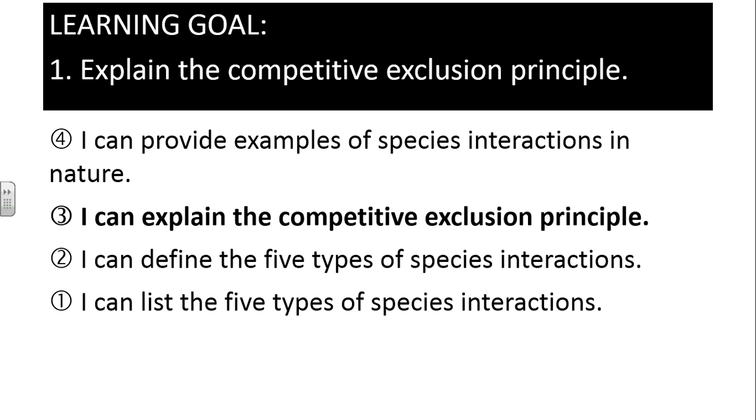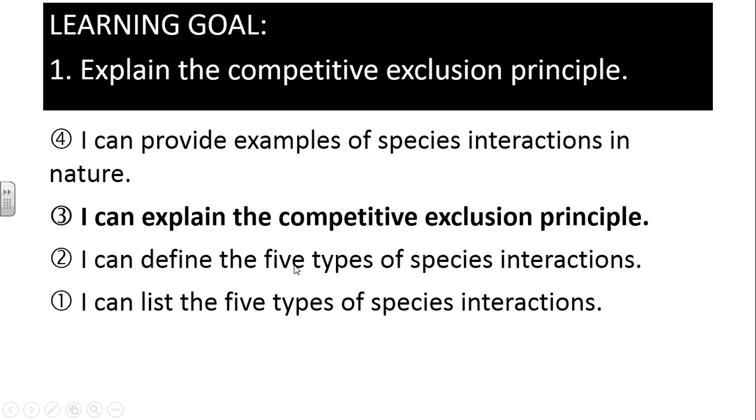Okay, let's revisit our learning goals. The first one was to explain the competitive exclusion principle. If you can do number 1, or at least list the 5 types of species interactions, like predation was one, competitive exclusion, and then there was mutualism, commensalism, and parasitism, that's good, that you're at least at step 1.